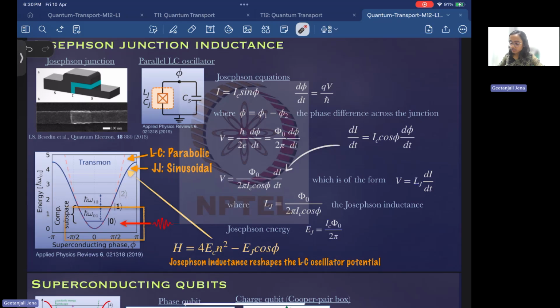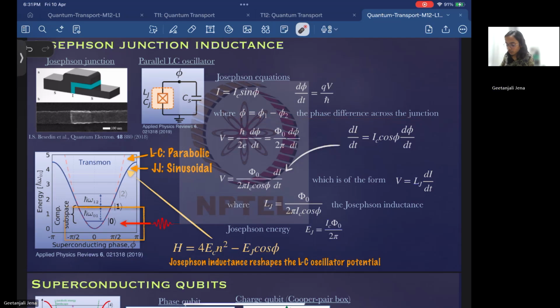And if you recall, these are some of the Josephson equations that we have already discussed. So the current through this junction, through this superconductor circuit, we can write as I is Ic sin phi. Ic is the critical current, and the rate of change of phase difference in this circuit we can write as 2eV by h-cut, where phi is the phase difference across the junction.